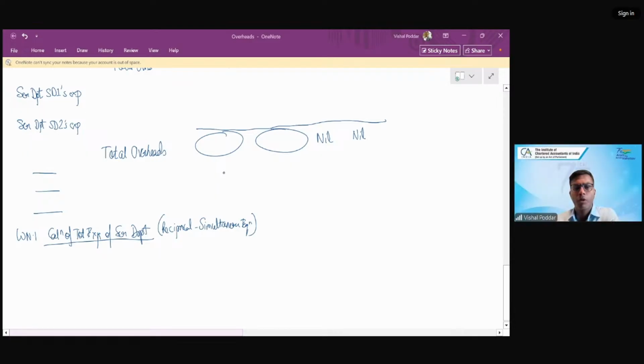Okay, start posting your answers. So you have to do secondary distribution by the simultaneous method. Okay, Shamli has an answer. According to Shamli, after solving by the simultaneous equation, the figure of SD1 is 97381.